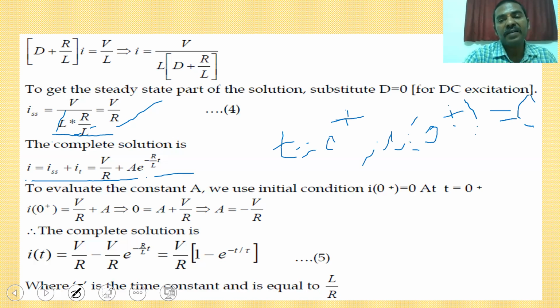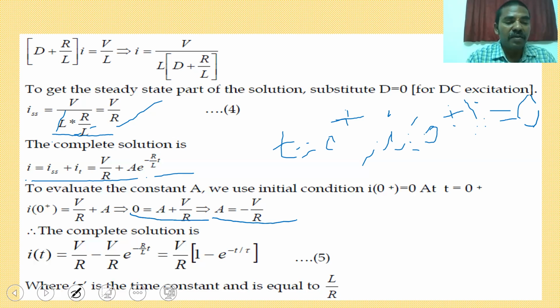Are you understanding? So substituting, i of 0 plus is equal to V by R plus A, since e power 0 is 1. That implies 0 is equal to A plus V by R, or A is equal to minus V by R. Therefore, substitute it in the complete solution equation.